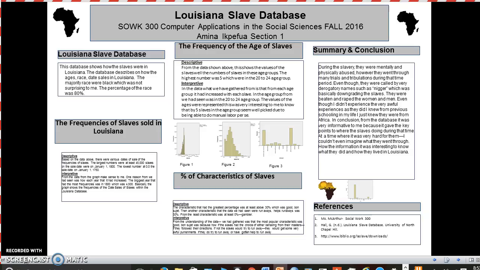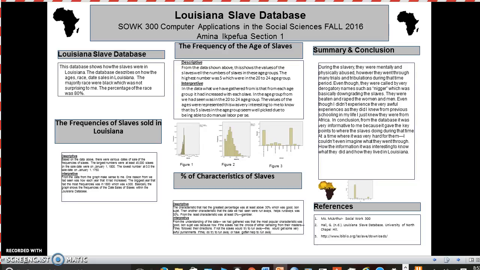The largest number was at least 45,000 slaves on the sale date of January 1st, 1800. And the lowest number was 0, of course, on the sale date of January 1st, 1750.